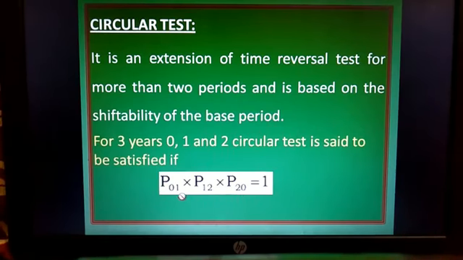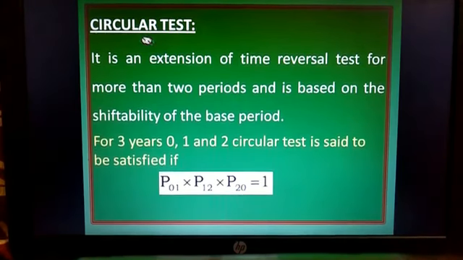So here this 1 which was current year became next as the base year. This 2 which is current year here, it became next as the base year. That's why it is being considered as a shiftability of the base period. Circular test is based on shiftability of base period, it is being said.